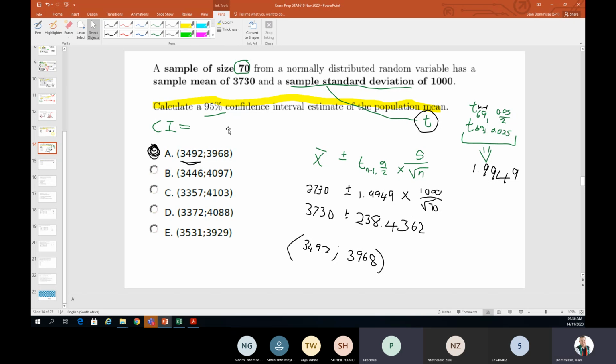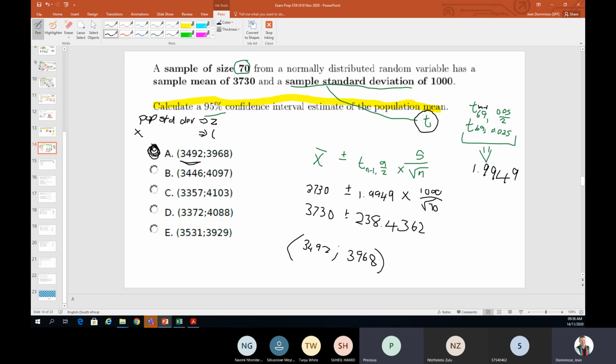Okay, so remember, when we're working with confidence intervals, there are 3 types that we can work with. The one is, if you know the population standard deviation, we work with a z. If it is not known, we work with a t.